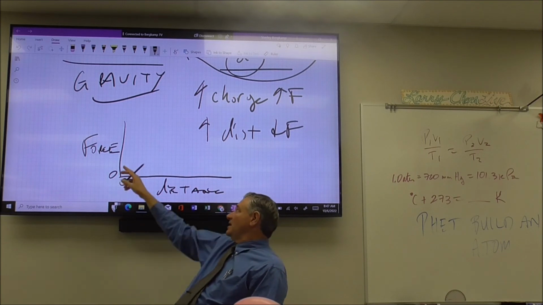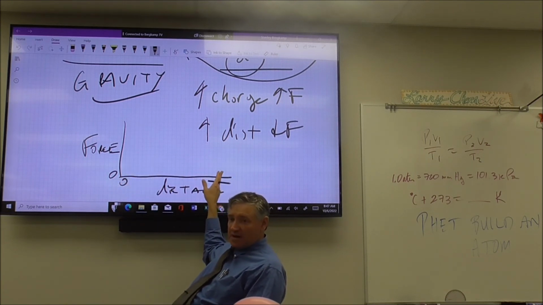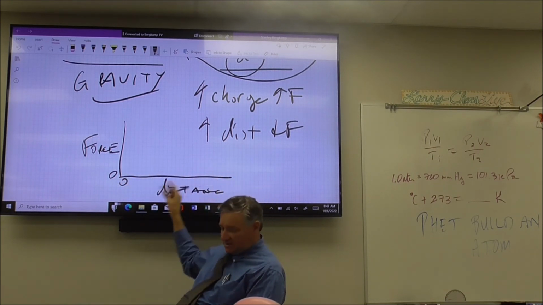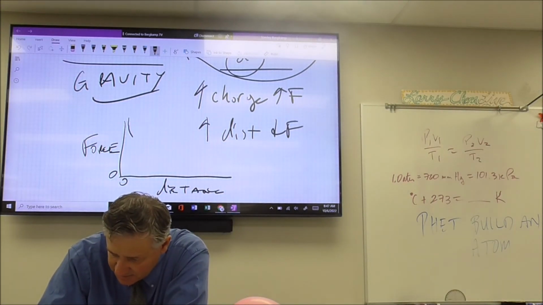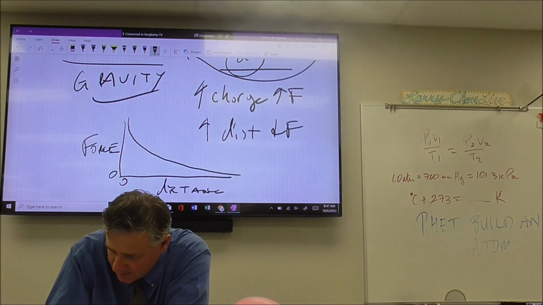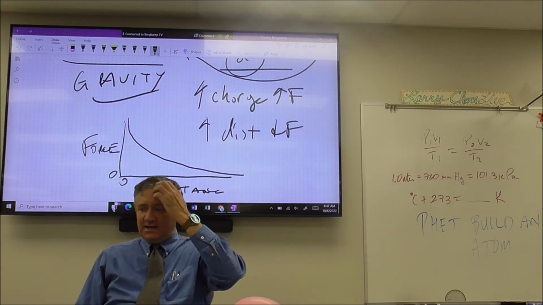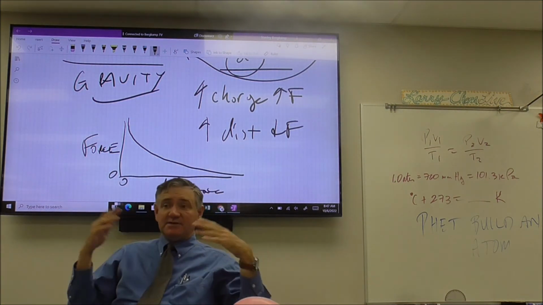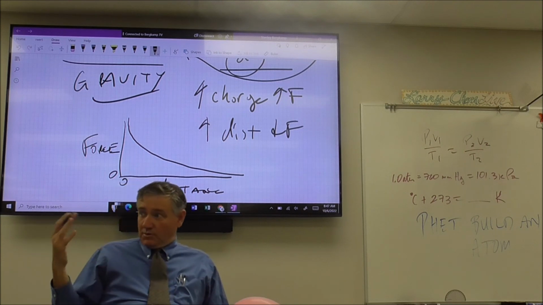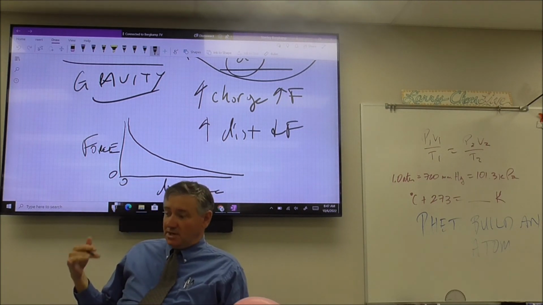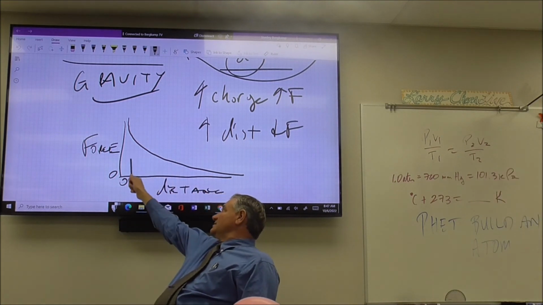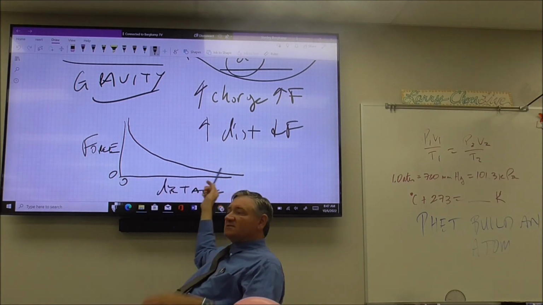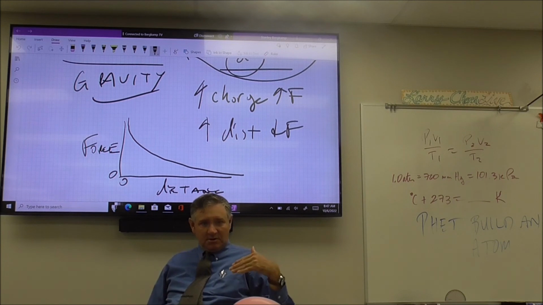Big force. As I increase the distance, what's going to happen to the force? It's going to decrease. So this graph is going to look something like this. And a gravitational attractive graph would look the exact same way. So as you increase the distance, the force becomes smaller.